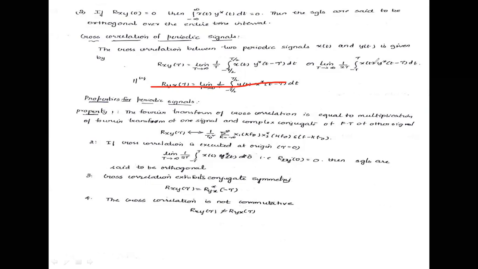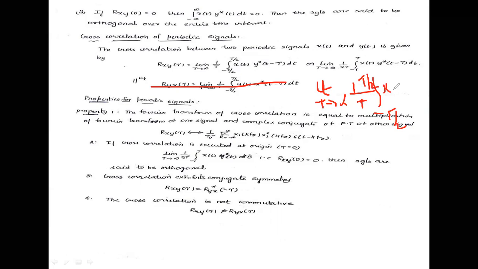It is up to this x of t and y star of t minus tau, or you can write as limit t tends to infinity 1 by t. See here the 1 by 2t limitation is minus t to t. 1 by t is minus t by 2 to t by 2, that is up to you. Integral from minus t by 2 to t by 2.